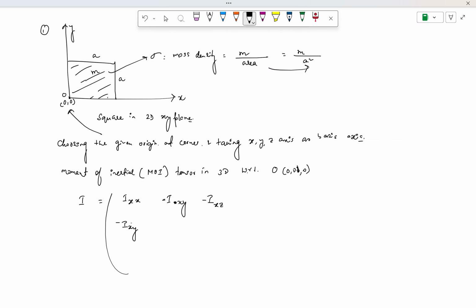Because Ixy and Iyx are symmetric, both will be Ixy, and there will be a negative sign for that.